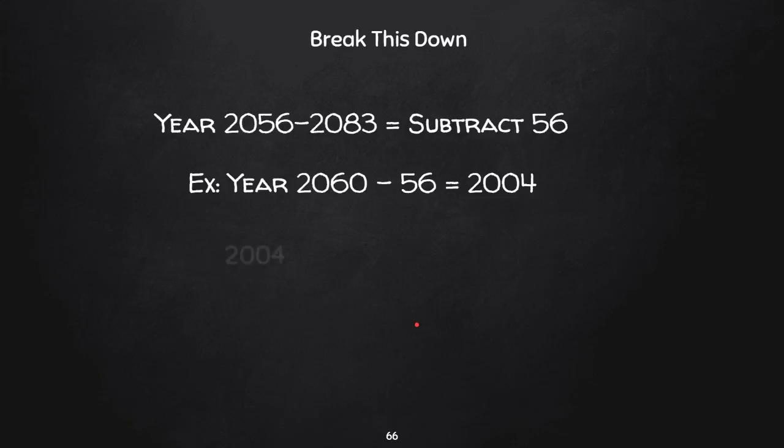Let's take one more example. What is the year code of 2004? We know that 2004 is equal to 5. That means the year code for 2060 is also 5.